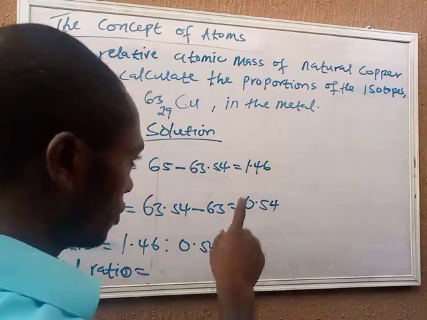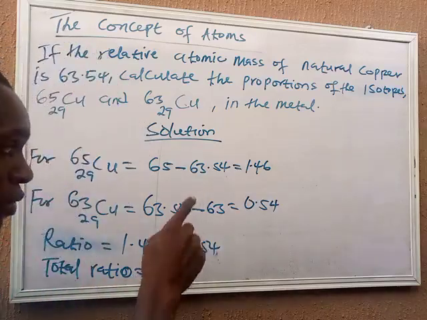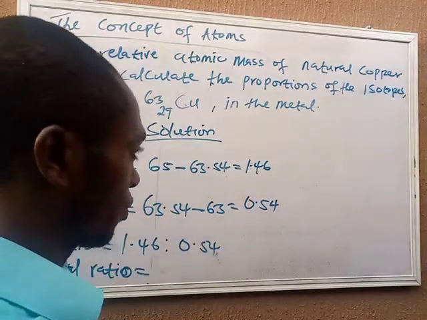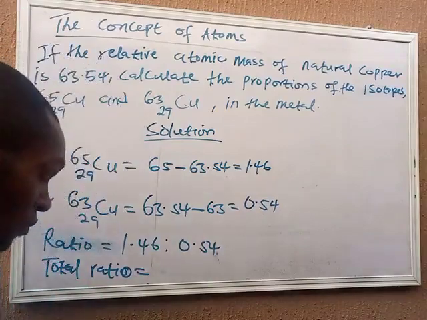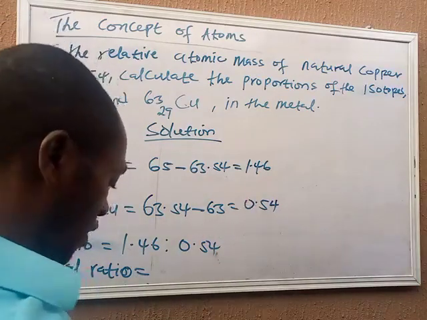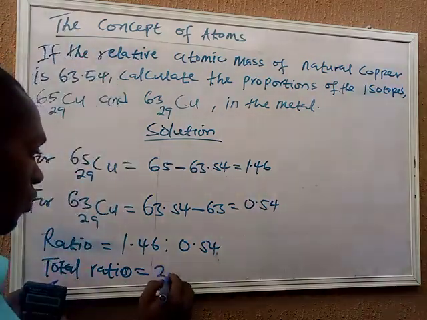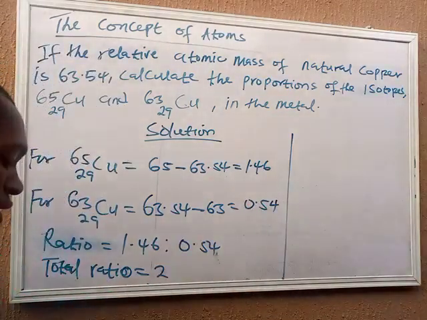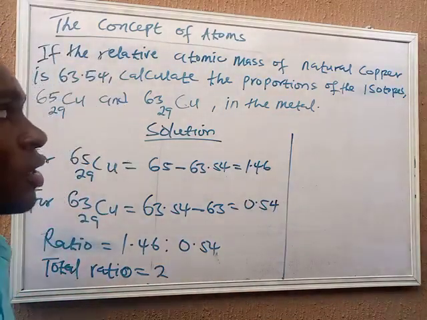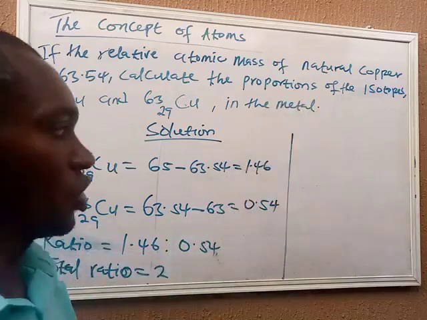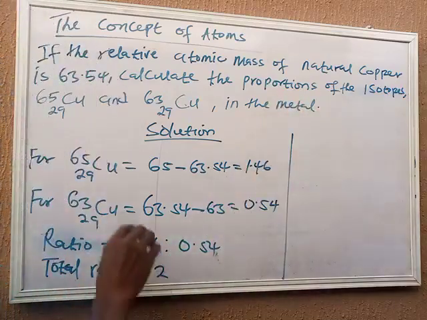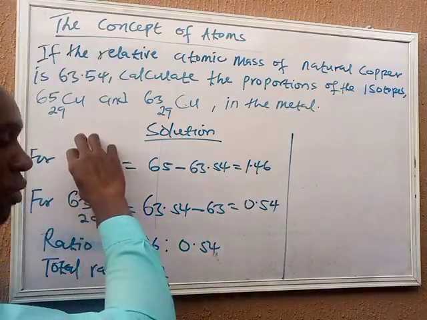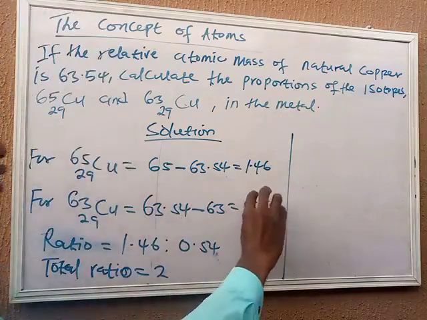So we can have total ratio equals 1.46 plus 0.54, we have 2. Now, if we have gotten this, the next thing to do is to look for their proportions in percentage. Now, whenever you're calculating for copper 65, this is the ratio you are going to use.